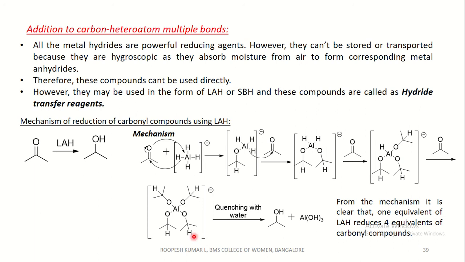On quenching with water, we get isopropanol and the salt aluminium hydroxide, as OH from the water attacks here. From the mechanism, it is clear that one equivalent of LAH reduces 4 equivalents of carbonyl compounds, as with sodium borohydride.